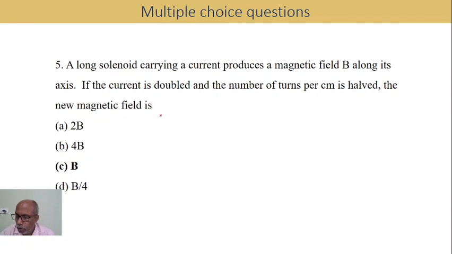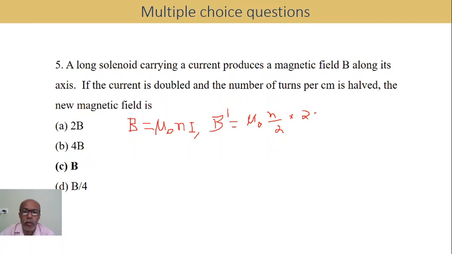Therefore, we have B equals mu naught N I. B equals mu naught N I. And B dash is mu naught into N by 2, the number of turns has been reduced, whereas the current is doubled to 2I.